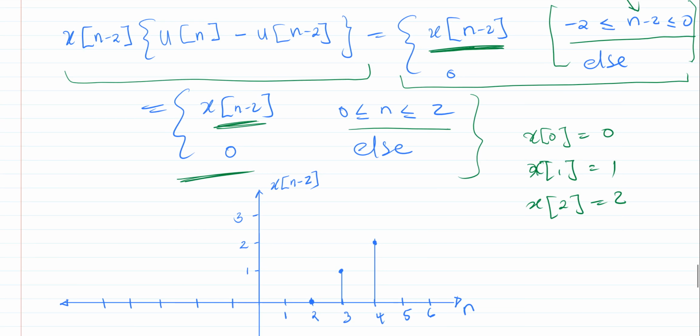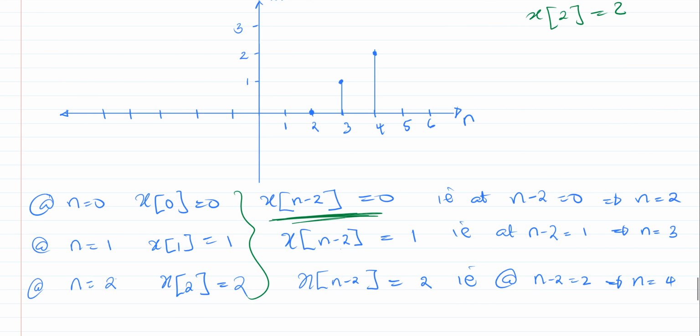So we ask ourselves what will be the value of x of n minus 2 when n is equal to 0. And we have seen that when n is 0, we have x of 0 is 0. Therefore, what will be x of n minus 2 will still be 0 because it is equivalent to this term here. But now our n will change, because we are equating this to this.